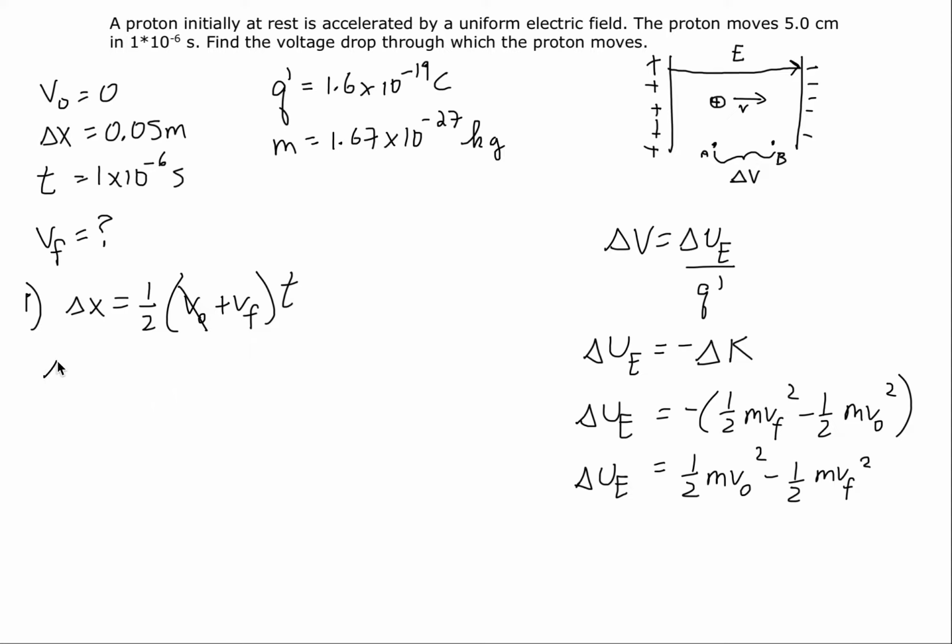So we're going to multiply by 2, and divide by t, and that's going to give us v final by itself. When we plug in our numbers for delta x and t, we're going to get 1 times 10 to the 5 meters per second. So that's the first step. We can see that our proton speeds up because it's being acted on by the electric field, which is speeding it up to the right.